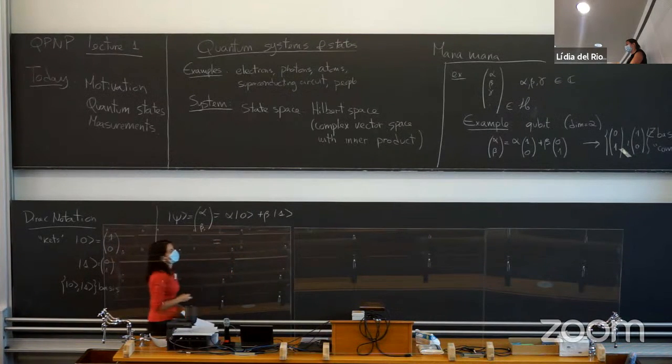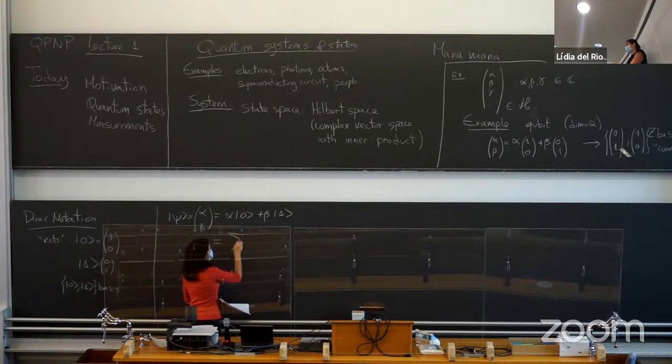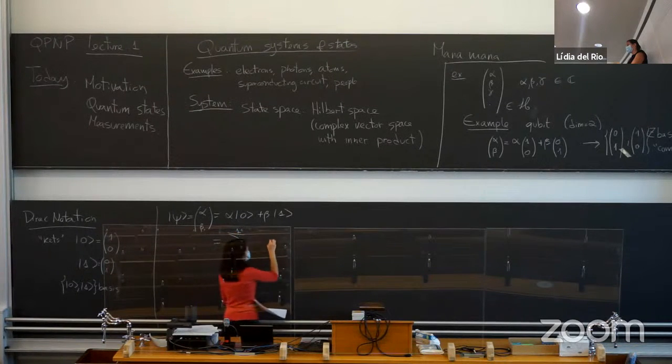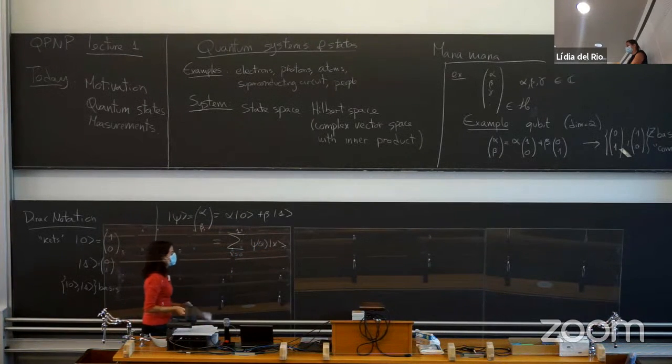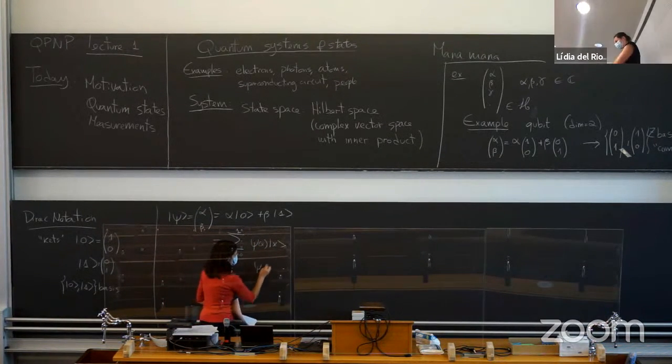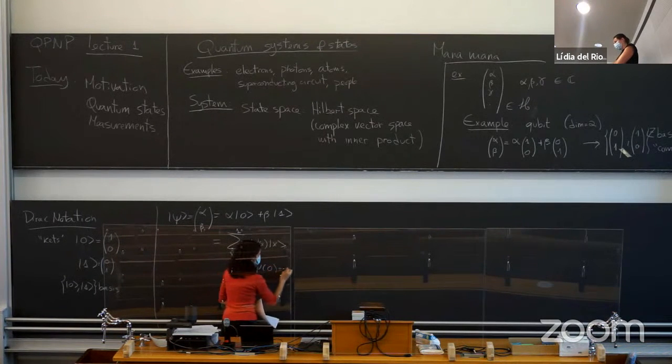For such small systems, it does not look like compression. So I just write this as a sum from x going from 0 to 1 of |x> times the number psi of x. Okay? Where here, of course, psi of 0 is alpha, and psi of 1 is beta.